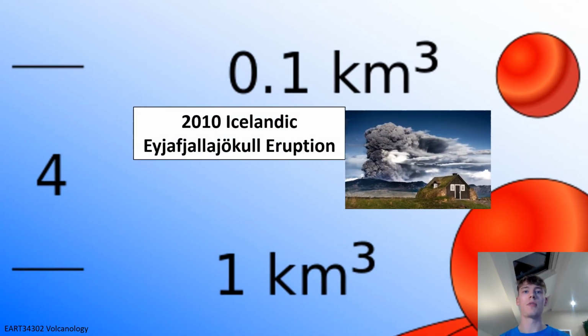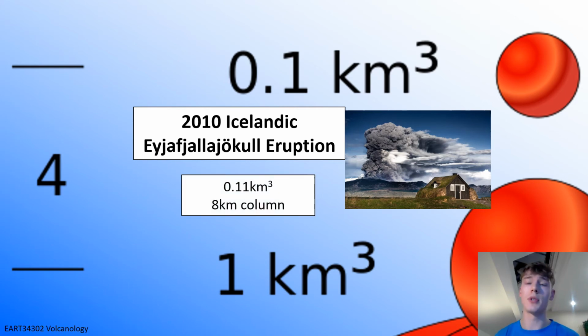A volcano that many of us will remember is the 2010 eruption of the Icelandic volcano Eyjafjallajökull. The eruption is most famously remembered as the enormous disruption it caused on aviation across Europe and the rest of the world. The second phase of the eruption is deemed to be VEI 4 due to the 0.11 kilometers cubed of tephra erupted and the column height of 8 kilometers, and is classified as subplinian.